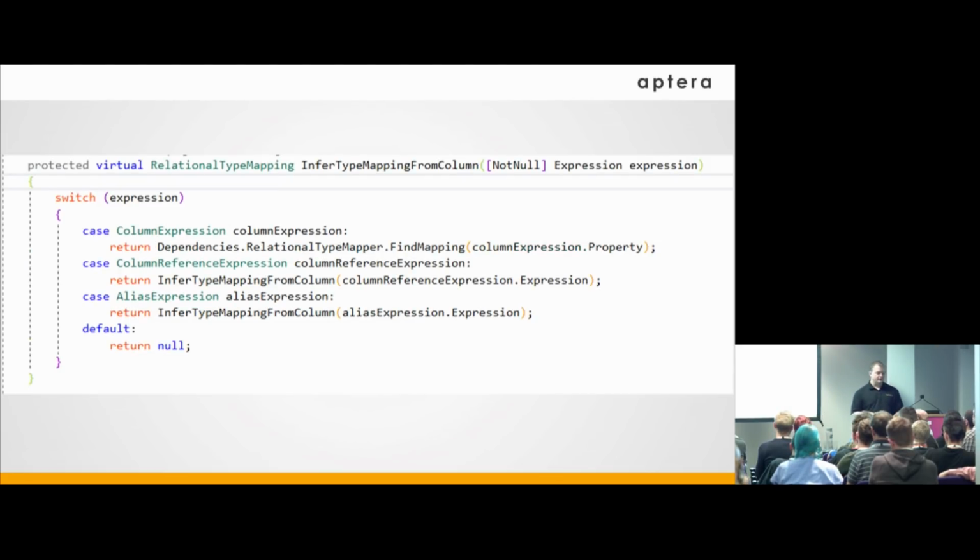So here's the new version of the code. And you can see that we're matching on that expression the same way. But now we're just matching on the types, and that null check is nowhere to be found. One of the reasons for that is in pattern matching, the type will only match if the variable is not null.